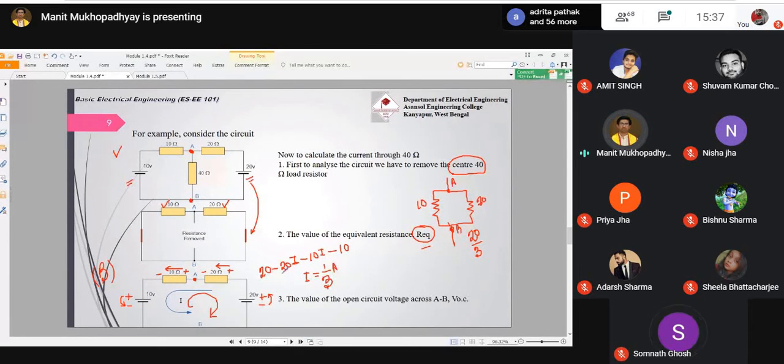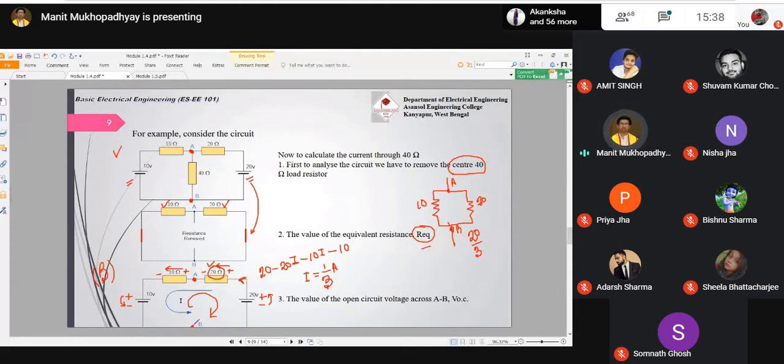Now where is VAB? VAB is here. So I can say that from 20 volt, current I is flowing, and after the voltage drop across this 20 ohm, we get VAB. Understood? You have 20 volt. Now after the voltage drop across the 20 ohm, you are getting this VAB, because VAB is here.